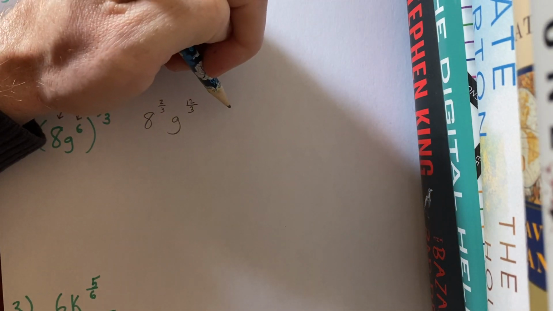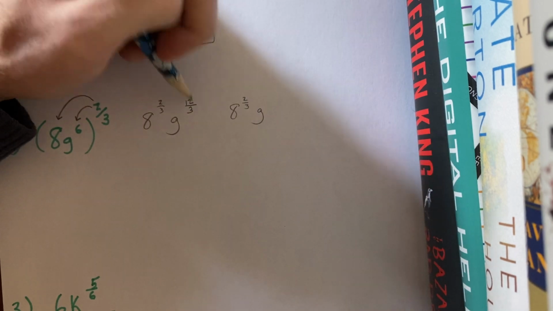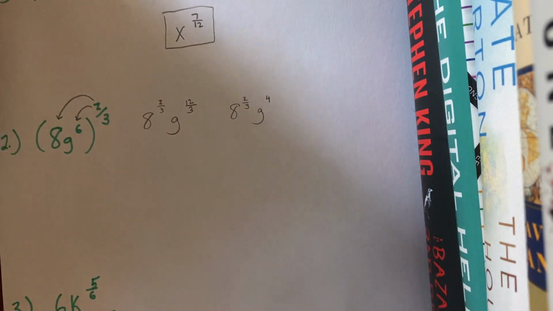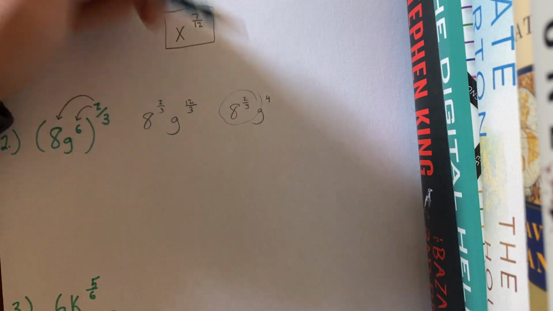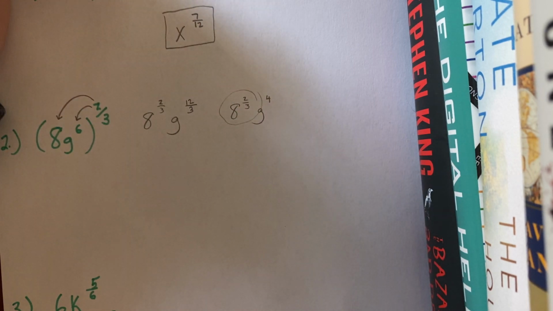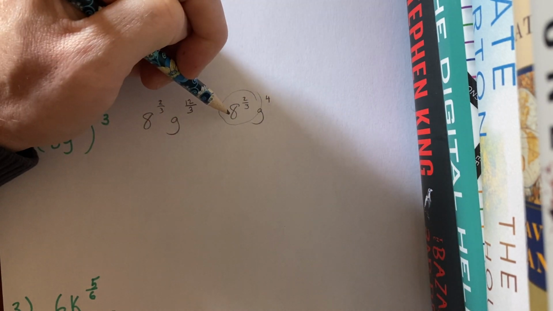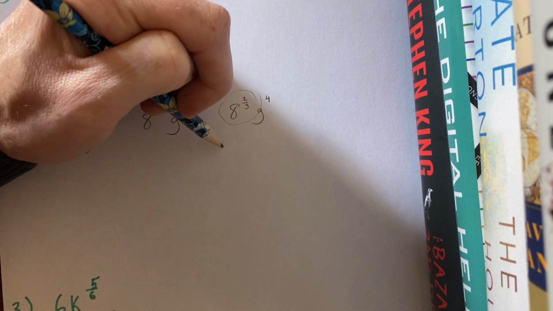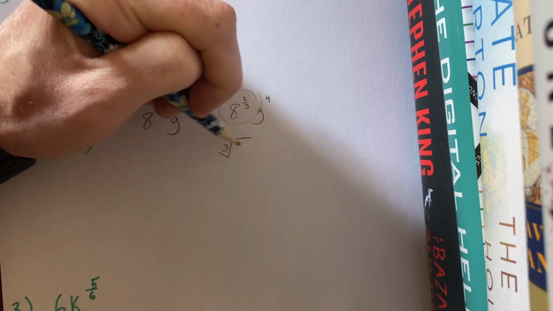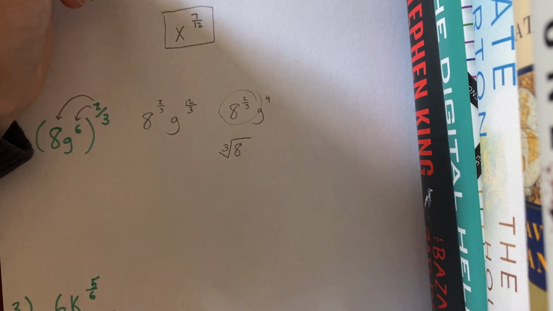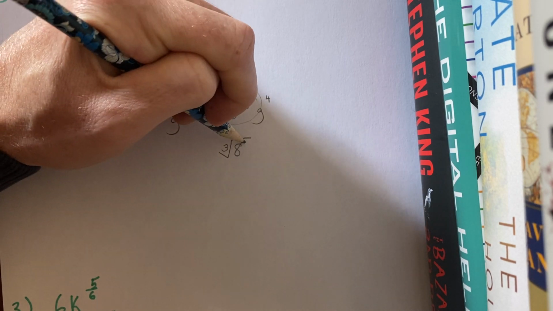I can furthermore simplify 8 to the power of 2/3, and the exponent on g becomes 12 divided by 3, which is 4. Last thing you want to do is see if you can simplify this number. You can do it the easy way and type it right into your calculator, or if you remember converting a rational exponent to a radical, the denominator is my index, the base turns into my radicand, and the numerator turns into the power.